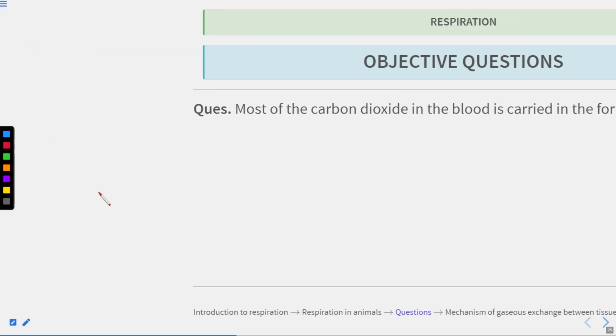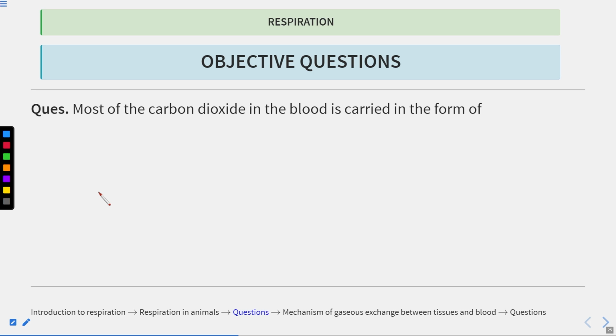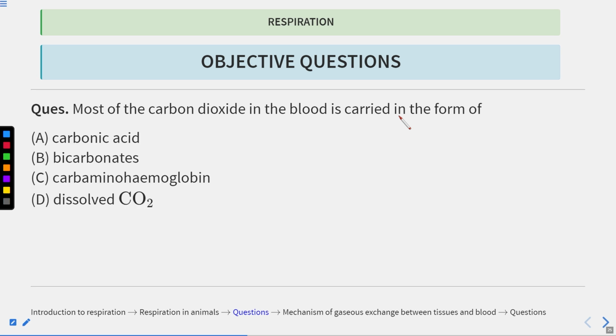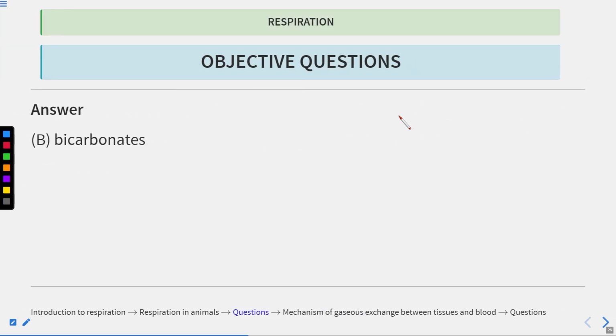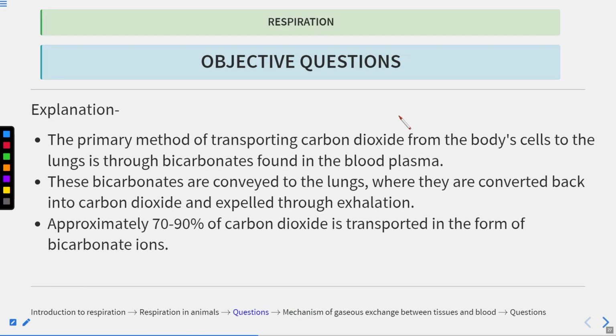Clear? The next question is, most of the carbon dioxide in the blood is carried in the form of, options are carbonic acid, bicarbonates, carbaminohemoglobin, or dissolved carbon dioxide. Now the answer is bicarbonates. Option B is the correct answer here. Now what is the explanation?